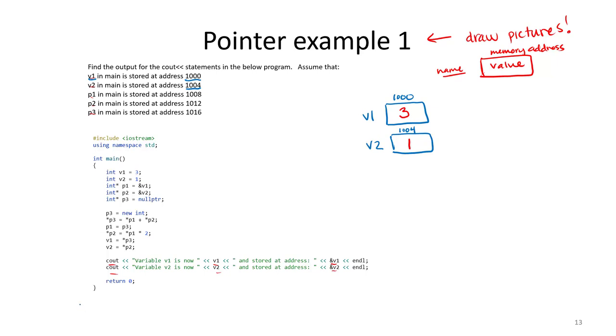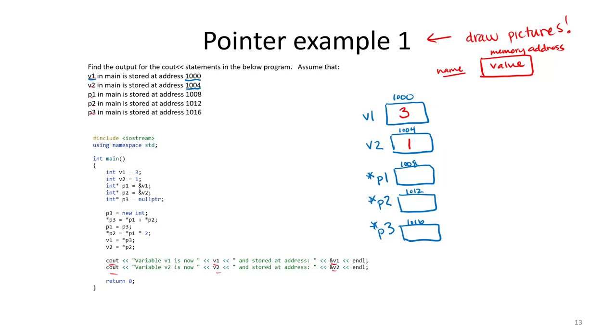Next, we are declaring 3 pointers, p1, p2, and p3. I'm going to remind myself that they're pointers by putting a little asterisk in front of the name. And give each of them a box. p1 is stored at 1008, p2 at 1012, and p3 at address 1016.